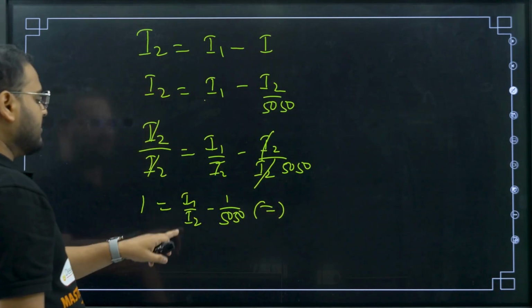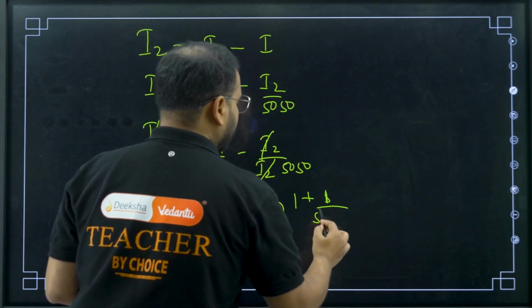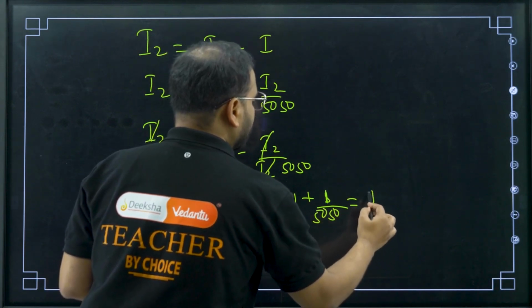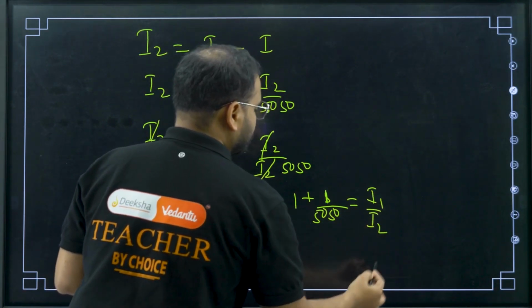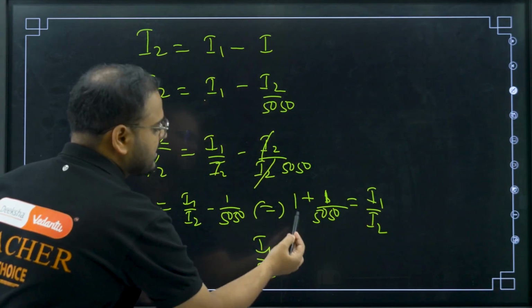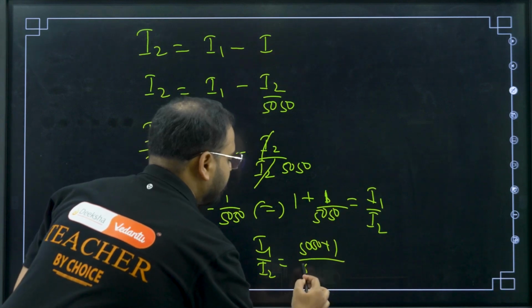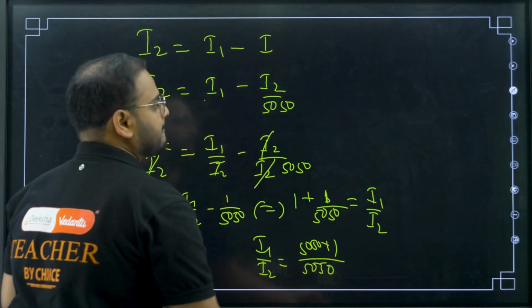Please see from here. I can write this as 1 plus 1 upon 50, 50 equals what? I1 by I2. So I get, taking the LCM, I1 by I2 equals 50, 50 plus 1 upon 50, 50.